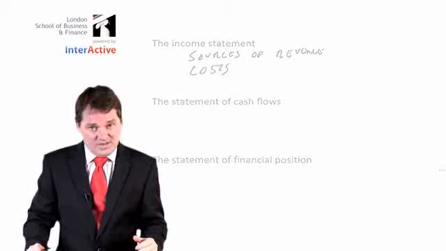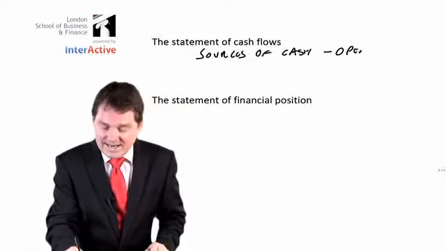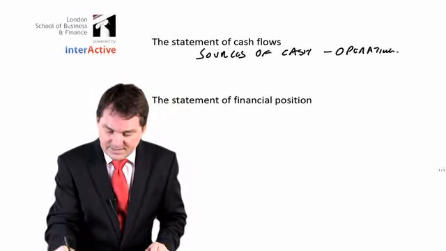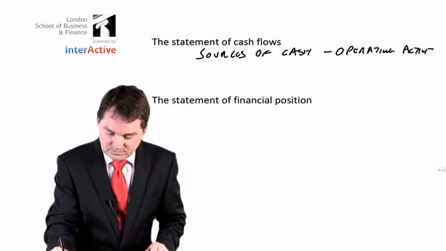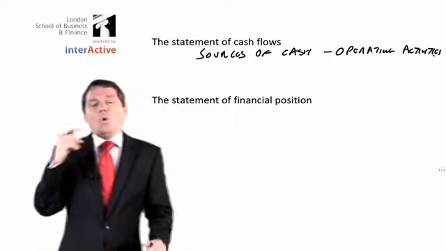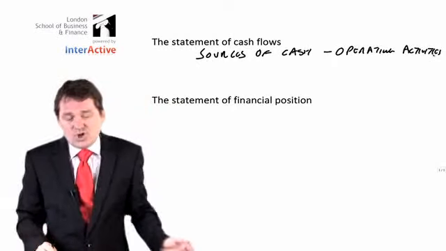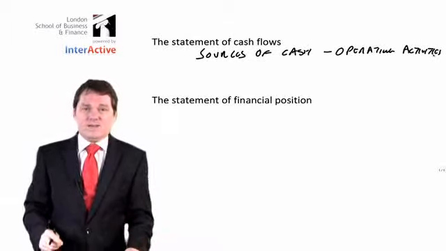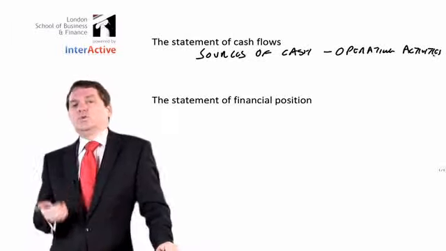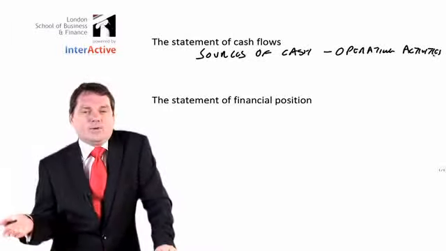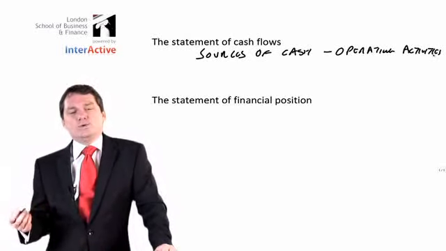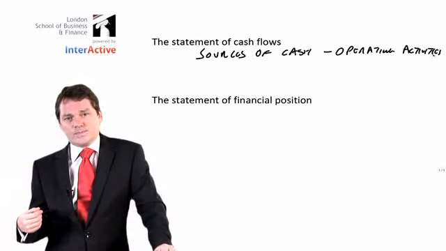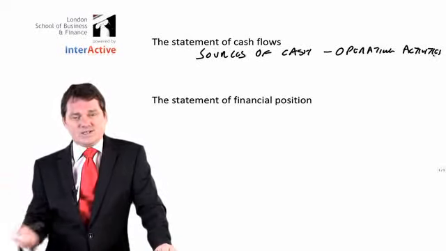The statement of cash flows is basically looking at our sources of cash. So, for example, we can get cash from operating activities. When you do F3, if you haven't done it already, one of the things that you will obviously come across is the idea that you sell something for $10 and the cost of it is $6.